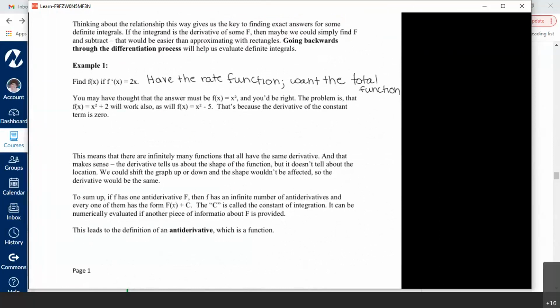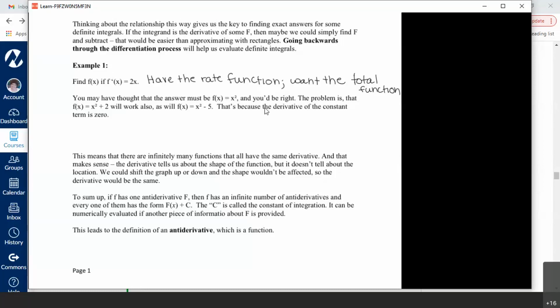Now you might remember from doing derivatives that the way you got 2x as a derivative was by differentiating x squared. If I say f of x is x squared and I differentiate to get f prime of x equals 2x, that'll work.